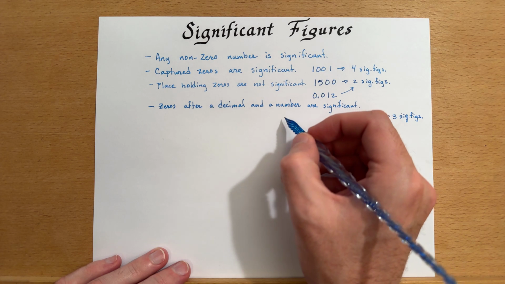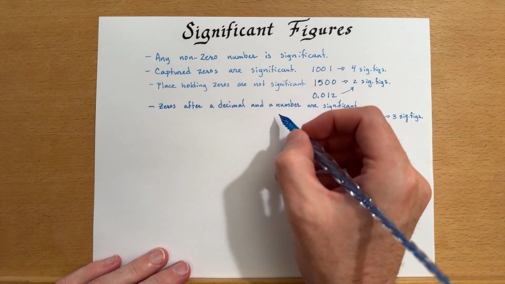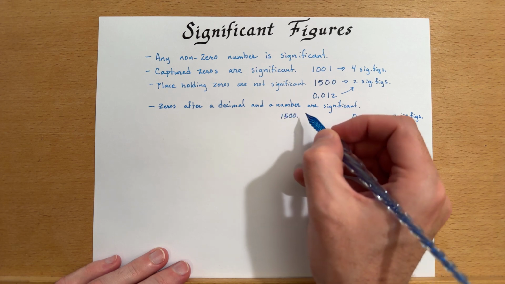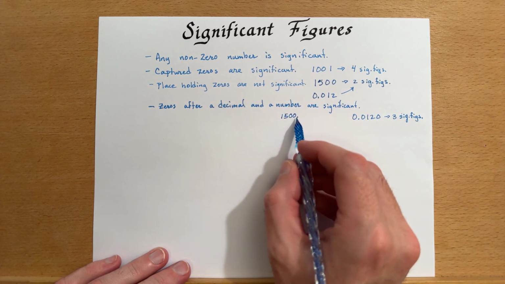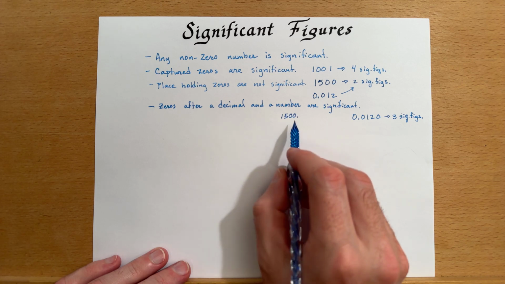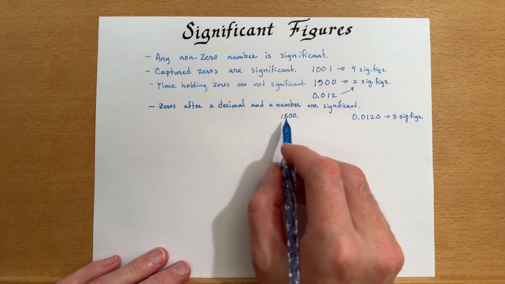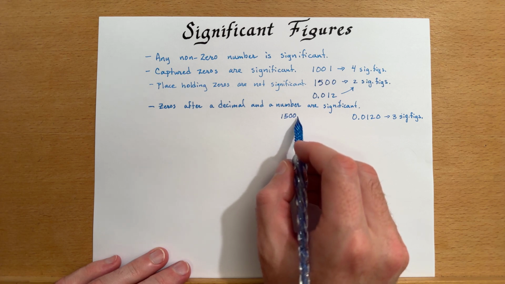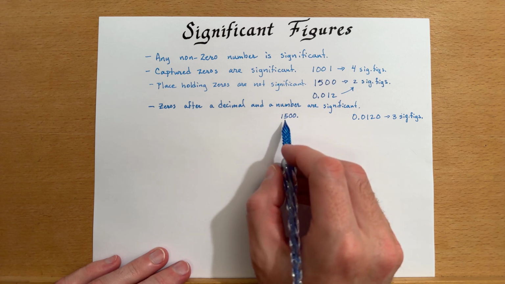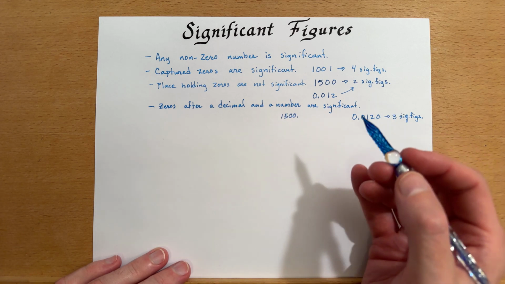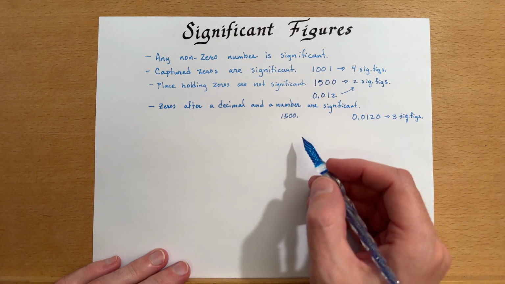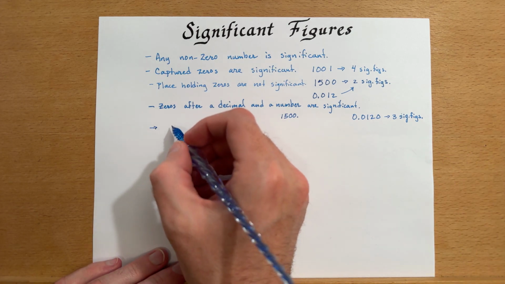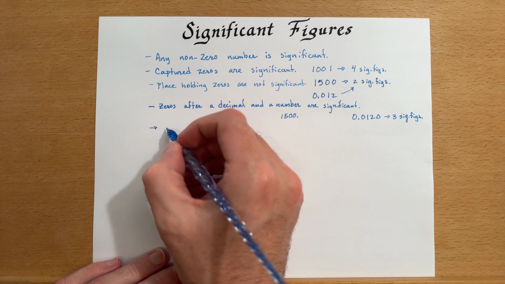Sometimes people will write a number with a decimal point, which is a little bit sloppy, to indicate that all of these digits here are significant. And this is a way to indicate that 1,500 has 4 significant figures instead of just 2. But that's less ideal. A more ideal way of indicating significant figures is to use scientific notation.